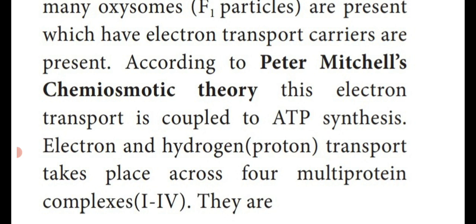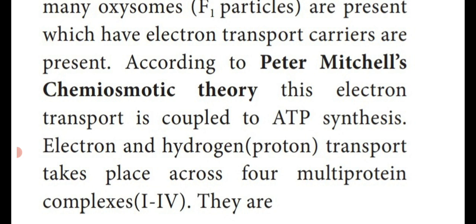These electron carriers are known as 4 multiprotein complex stages, also producing ATP molecules. So, formation of ATP takes place in the inner membrane of the mitochondria.